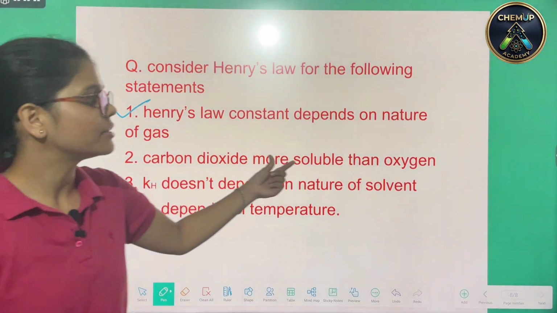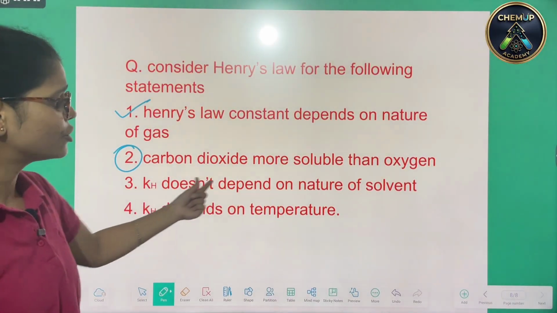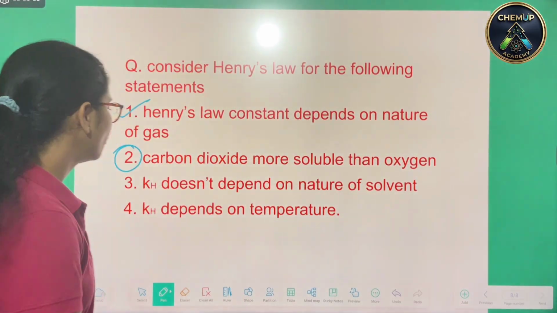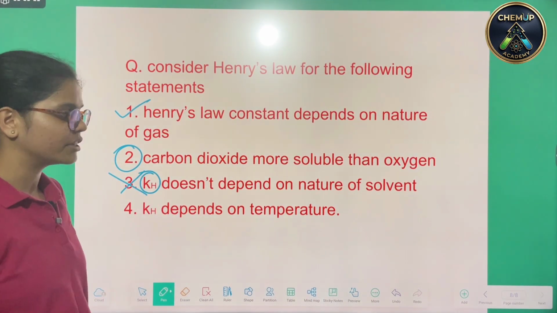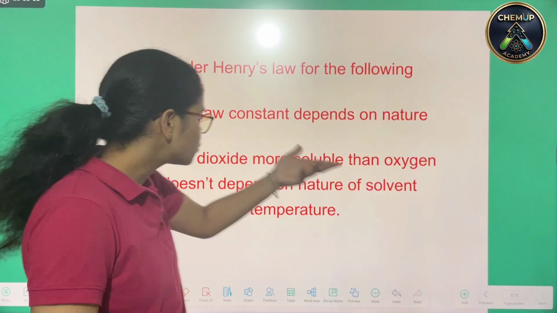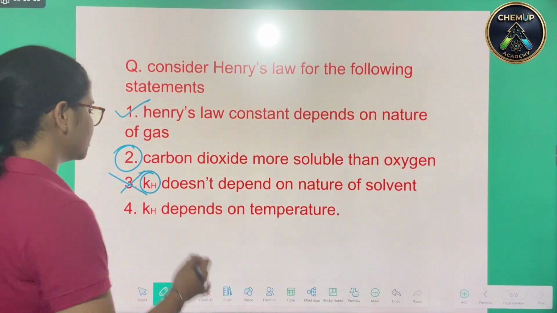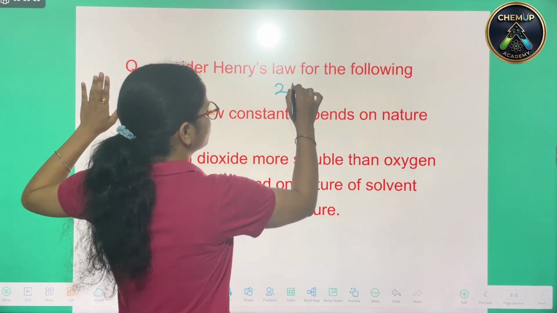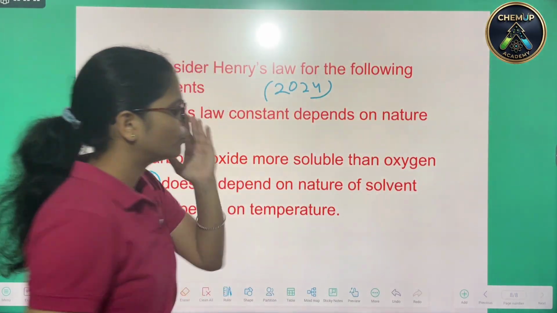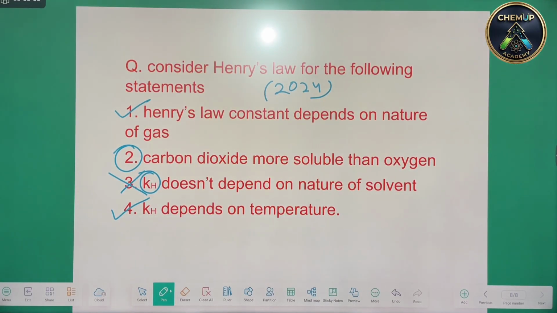Another, carbon dioxide is more soluble than oxygen. Let's consider it. KH does not depend on nature of solvent. Of course, it's false because KH is the Henry's constant and it does depend on the nature of the solvent. Then we have KH depends on temperature. Of course, it depends on temperature. Therefore, I guess this question was part of your 2024 question paper. So I would like all of you to take its screenshot so that it stays with you.